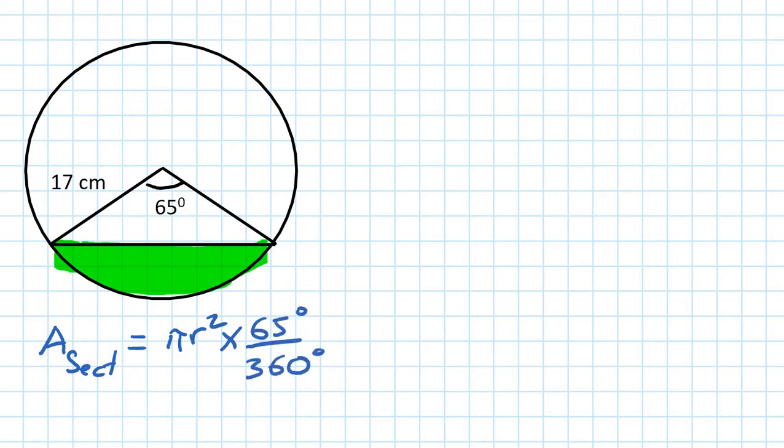That's all it is. Okay, now I'm just applying it. Therefore, as I run out of space, I just write in here: area of a sector is pi times r squared. So r in this case is 17 squared, and you times by 65 out of 360, a fraction of it.